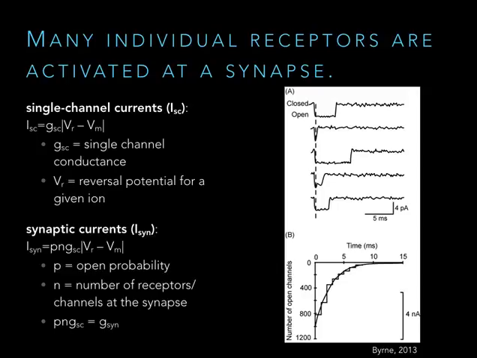So you get this very rapid maximal response and then a slow grading back down to nothing. And that's what you see at the synapse. That's what's shown in part B. You get an early strong activation, and then the number of channels that are open starts to decrease over time. And that's what gives you the smooth synaptic currents that we see.